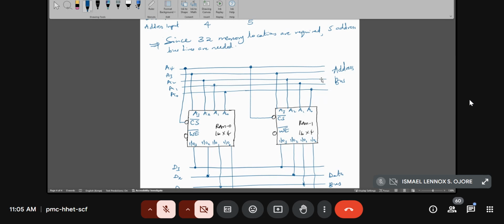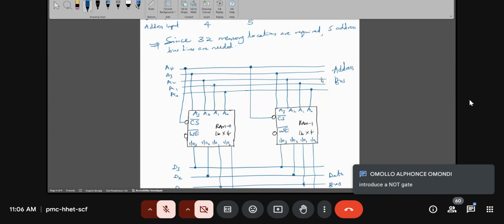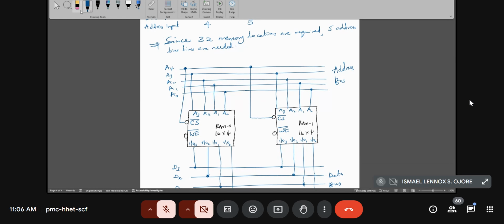So we introduce a NOT gate. You can introduce a NOT gate in either of the two, but not both.